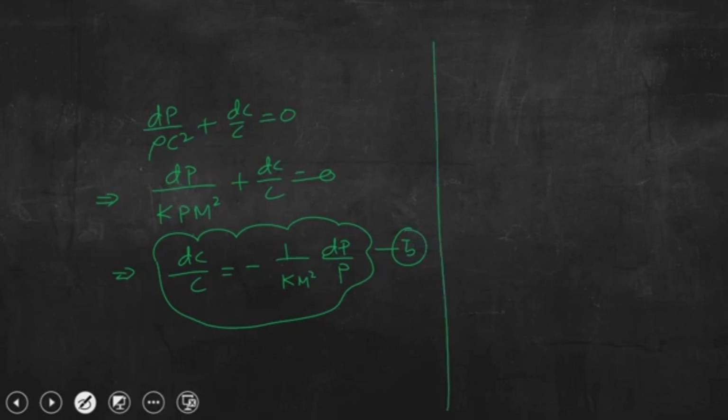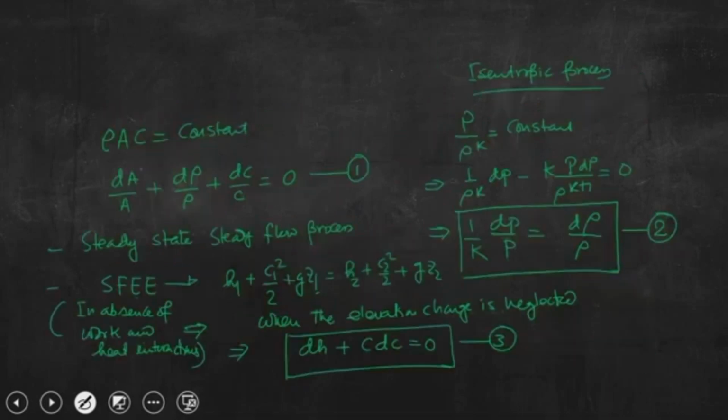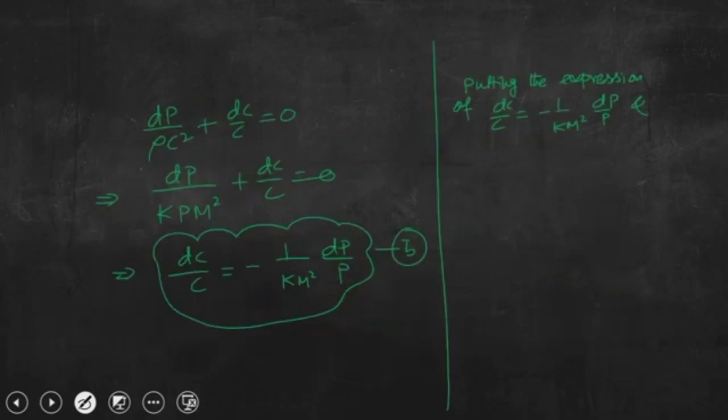So, putting the expression of dC by c equal to minus 1 upon k M square dP by p and d rho by rho equal to 1 upon k dP by p in equation 1.